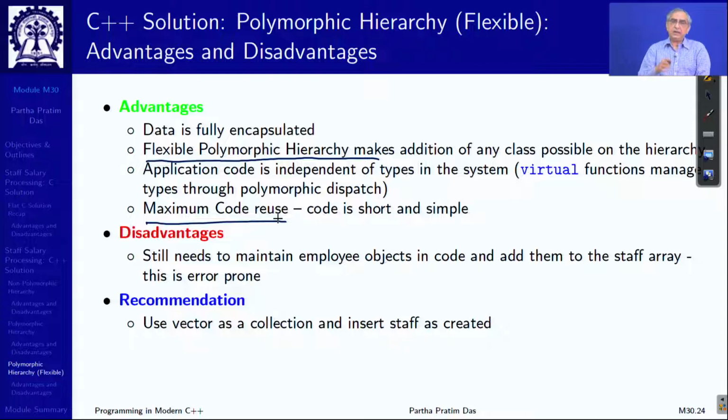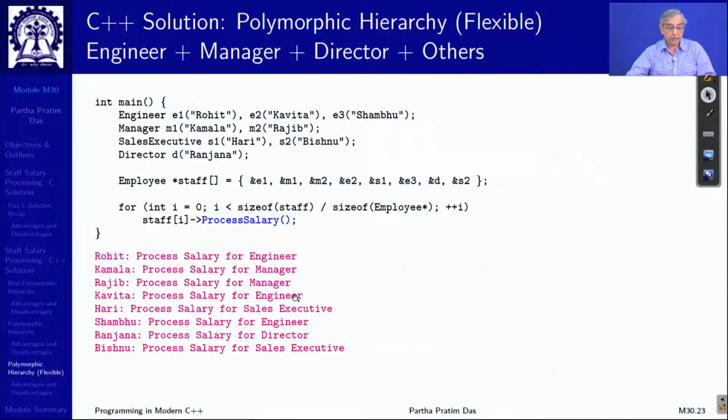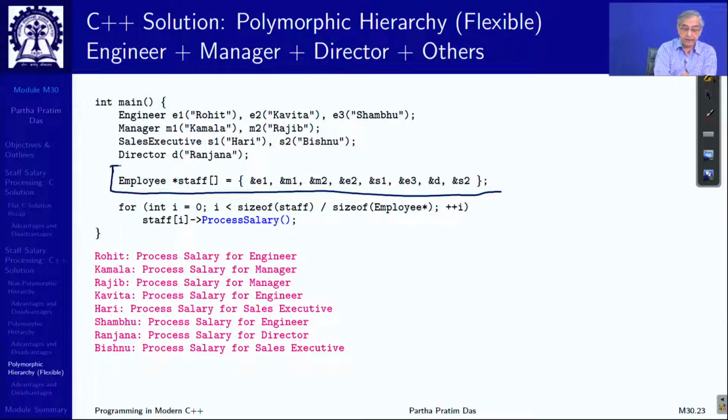The disadvantage is we still need to maintain the aggregate of the employees through an array. If I can just go back to that previous, yes, this is what I mean. I have to maintain this array, right.